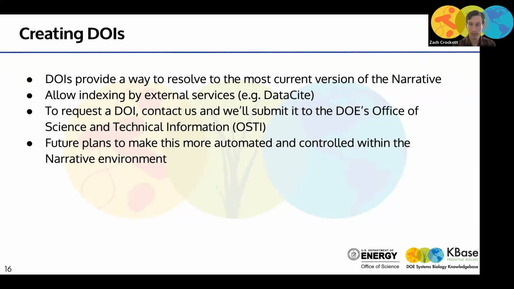So you can insert a placeholder into the narrative, saying publication pending or something along those lines. And then when it's available, we can link the static narrative to that. And so we can close the loop and connect those two scientific products.